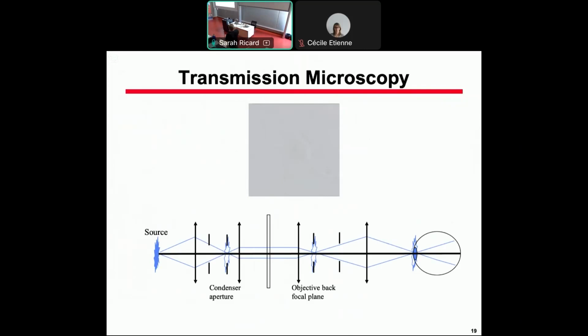Here we have a very powerful source. That source sends so much light that the image is just full of light. So it's a contrast problem. It's not an image recognition problem. It's a contrast problem.